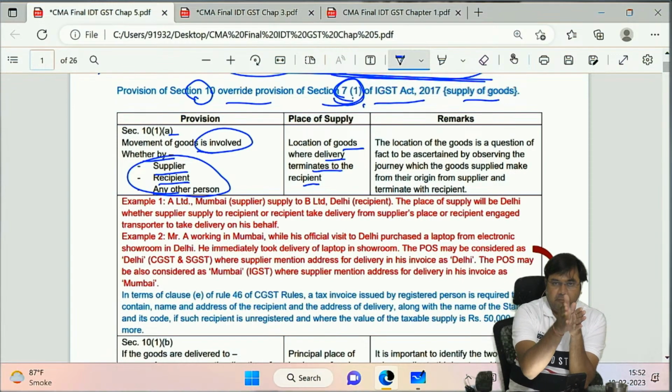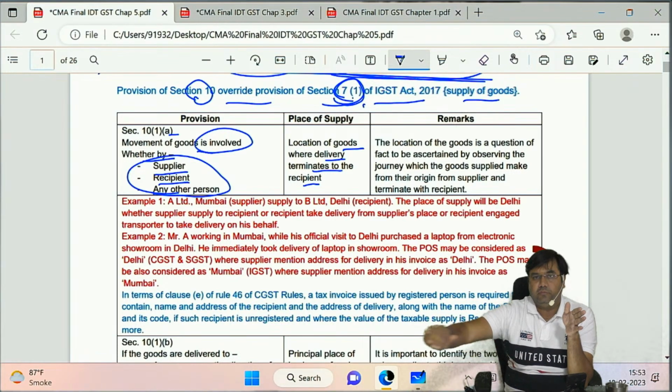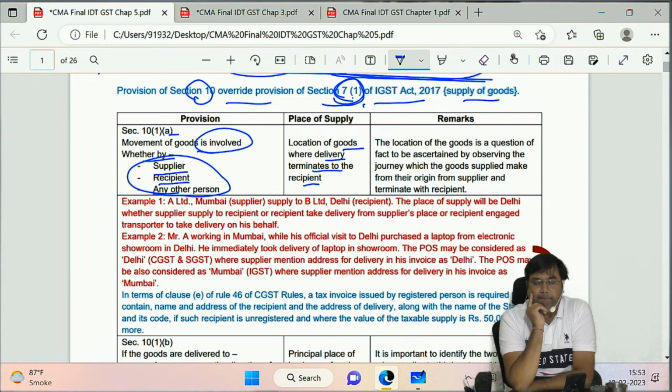I am moving that Cadbury chocolate from the location of the supplier, from their shop, to my place. So the movement of goods is done by the recipient. I am paying the consideration, so I am the recipient. Remember the recipient definition: who is going to pay the consideration? If consideration is not payable, then whomsoever it is delivered to. Correct? We discussed this in chapter 1. If you don't remember, go back and check the recipient definition. Okay?